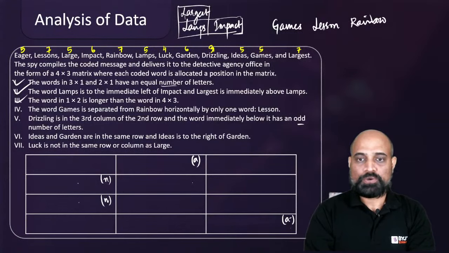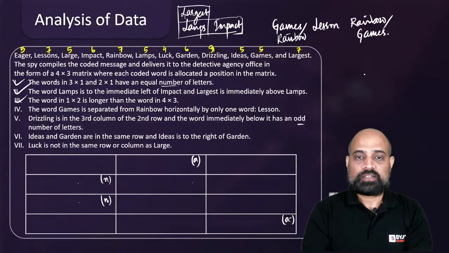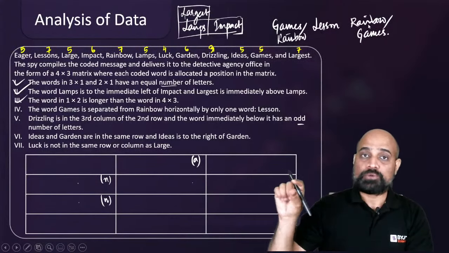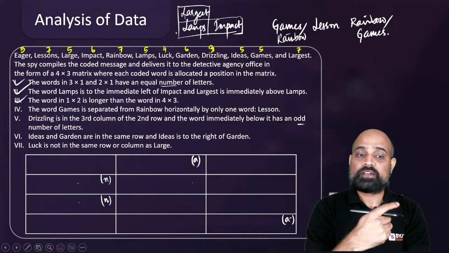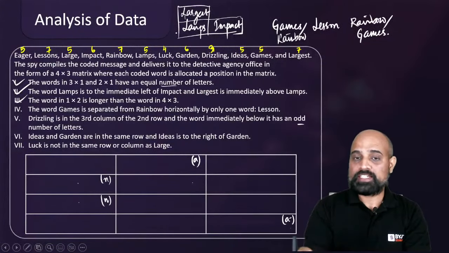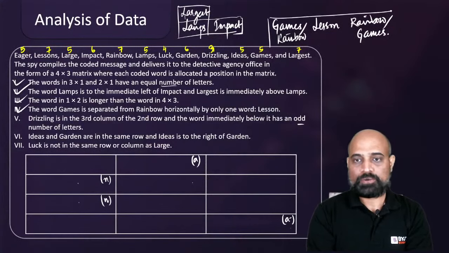We don't know if this is games or if this is rainbow, because it simply says they are moved around, right? So we can very much be sure that games, lesson and rainbow will occupy an entire row. It could be any one of these 4 rows, right? And accordingly, largest and lamps will occupy the first column or the second column, right? So this is one entire row.